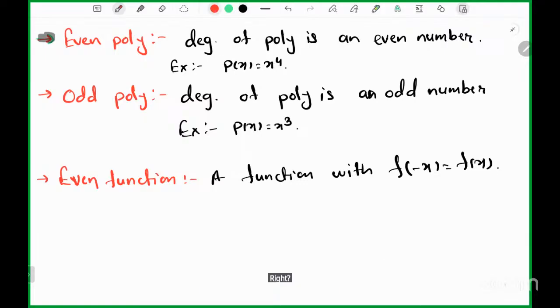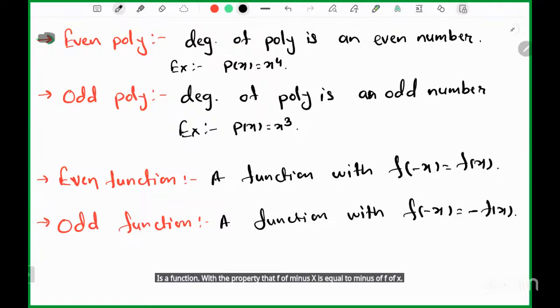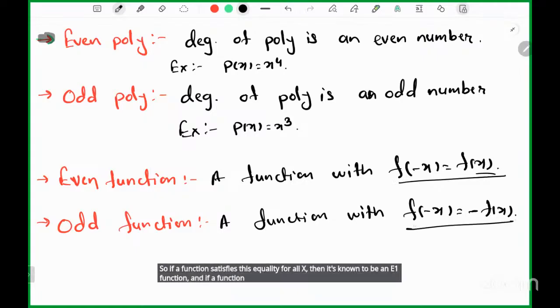And what is an odd function? It is a function with the property that f of minus x is equal to minus of f of x. So if a function satisfies this equality for all x, then it's known to be an even function. And if a function satisfies this equality for all x, it's known to be an odd function.